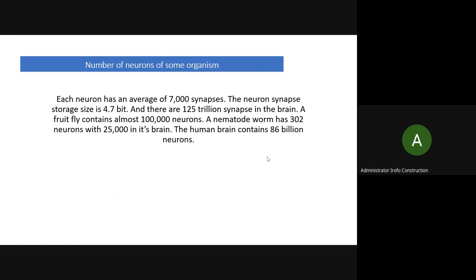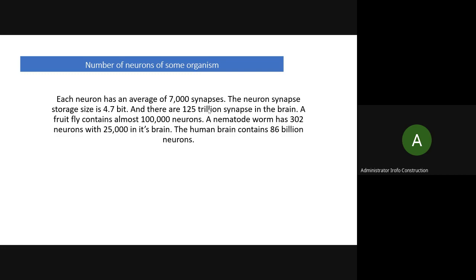So talking about the neurons in human beings, each synapse is like a storage place where they transmit the signals through. And that synapse storage size is around 4.7 bits. So you can just imagine the storage size the synapses have.